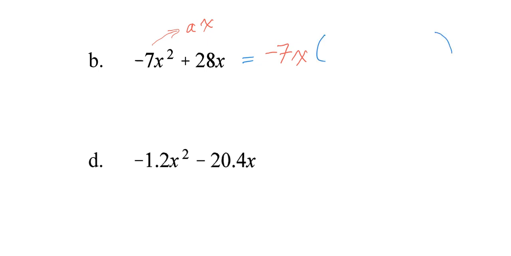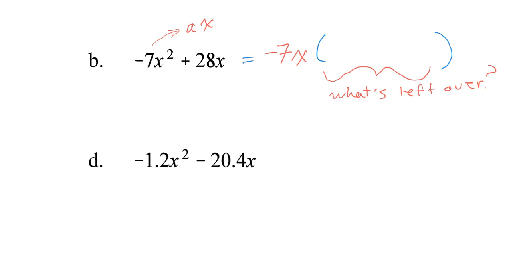So here's my question: exactly what's left over? In order to come up with the answer, think of this bracket as a trash can, just what's left over. After I pulled off negative 7x, you have to ask yourself what's left over.